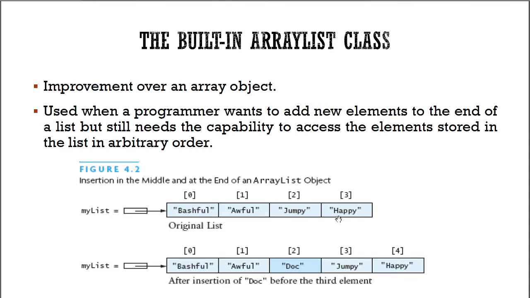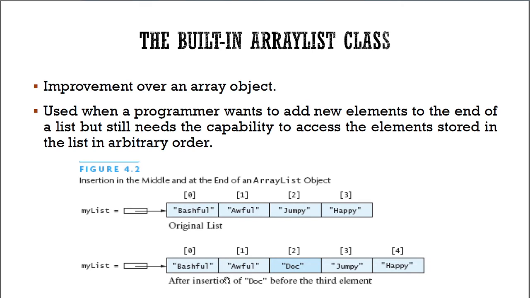This is the original release. The data, the objects here, start from index 0. Remember, ArrayList implements a list by using an array. When we talk about an array, it has an index number. The index number must start with 0.